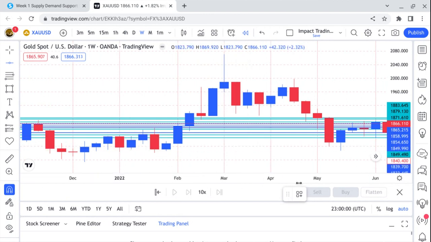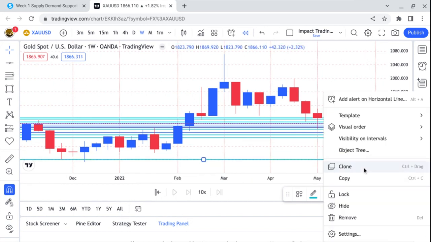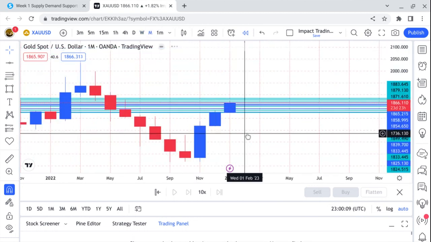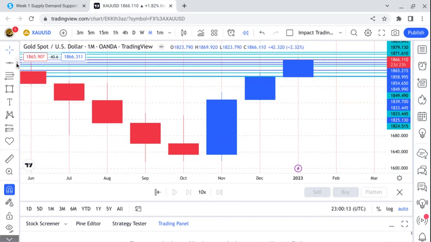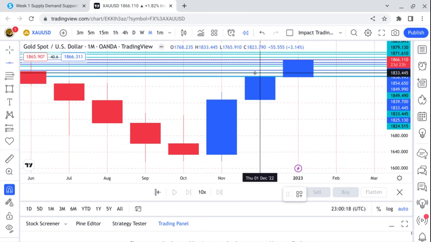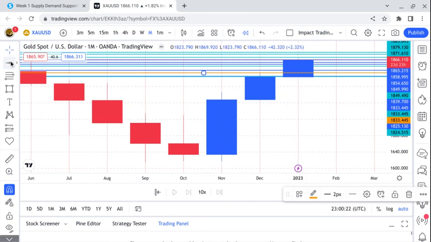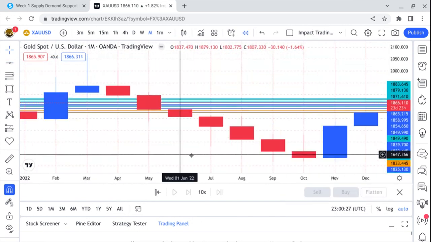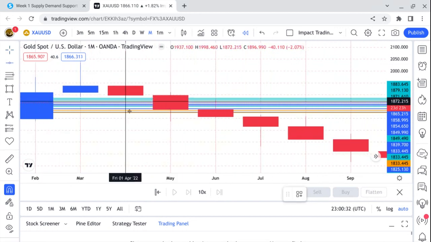All right, so what we're going to do now is go to the month. We are going to go to the month here.